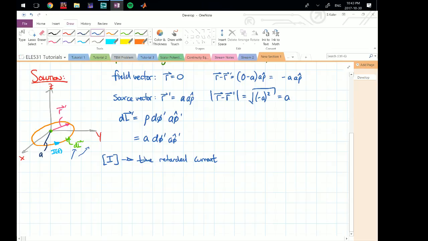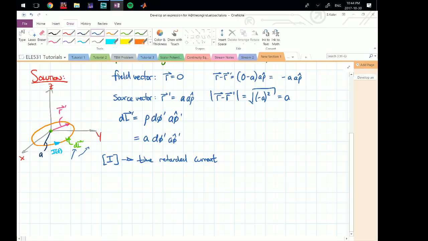All this means is that whatever effect or change might happen at the actual loop will take some time to have an effect at some other point in space. So if you imagine, it takes time for the wave to travel from the actual filament to the origin. Now, if it takes time to get from the filament to the origin, then I have to consider that effect, like what happens in between. There's a delay. How much is that delay? How do I find that?